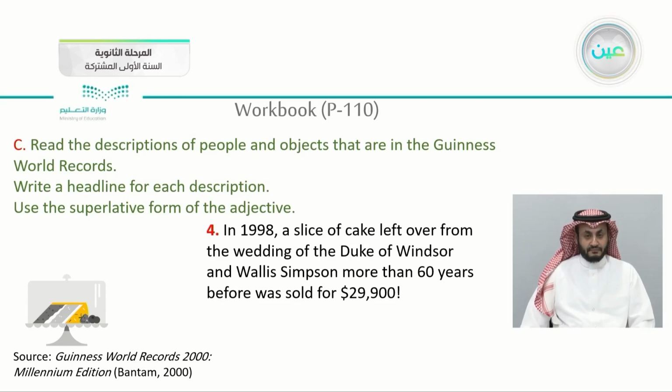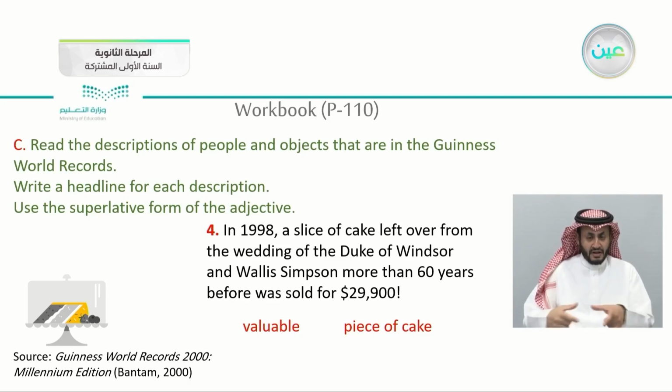One more in here. In 1998, a slice of cake left over from the wedding of Duke Windsor and Wallis Simpson more than 60 years before was sold for $29,900. So what is the adjective you will use in here?